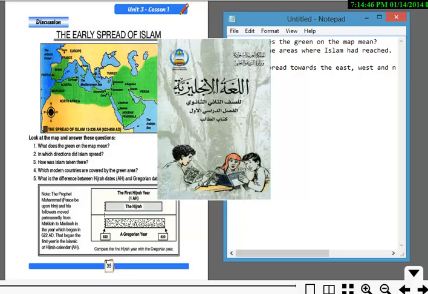How was Islam taken there? Well, it's not the point where we need to be very specific at this point of the lesson, because we're trying to learn the language, but it would be nice to know how Islam was treated and how it was received.